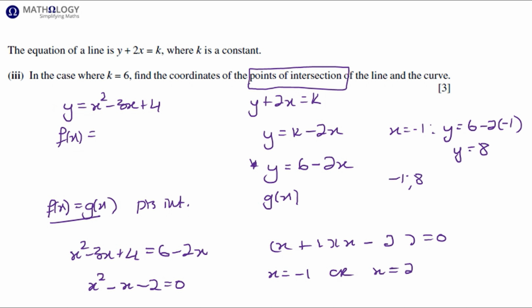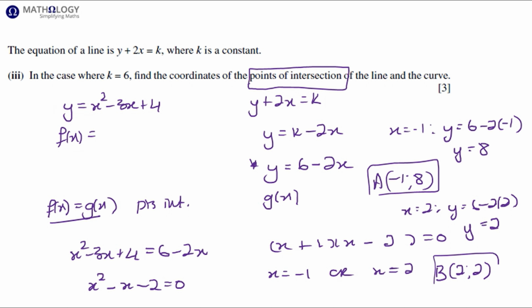So your first point of intersection is minus 1, 8. You can just call that point A if you like. And then for x equal to 2, y equals 6 minus 2 times 2, 6 minus 4, y equals 2. So the other point of intersection is the point 2, 2, which we'll call point B.